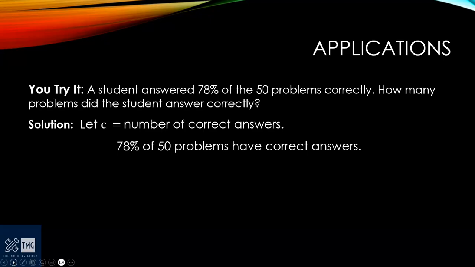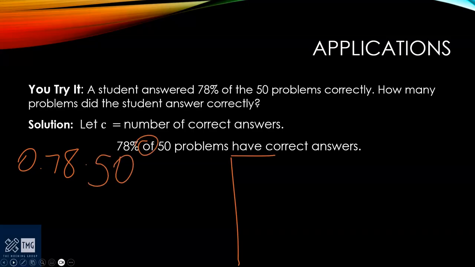All right. So let's go ahead and start by writing this as an equation. 78% as a decimal, of means to multiply, 50 have correct answers or is correct, right? So equals the correct answer.